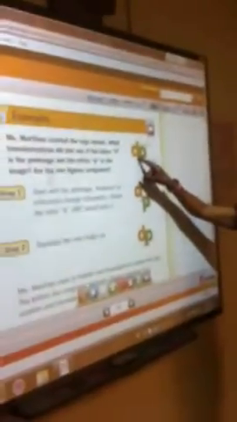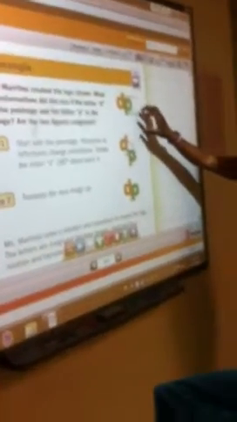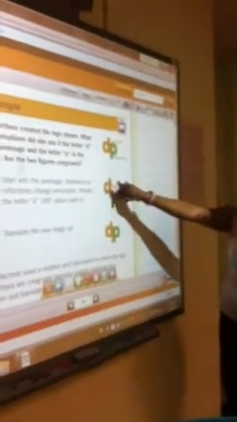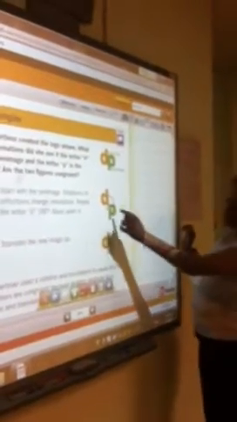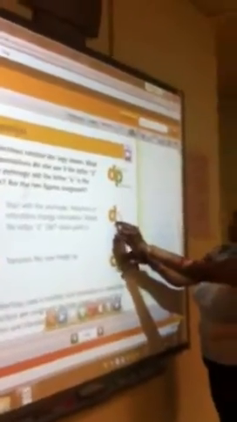Look at example 3. So here's Miss Martinez's logo. They want to know what transformation she used if the letter D is the pre-image and the letter P is the image. Well, we know that she had to rotate it. But even if you rotate it just around point A, will it be in the same position as the logo?